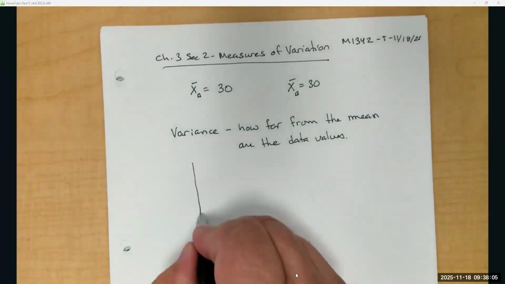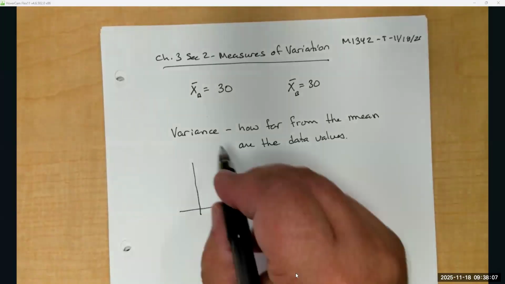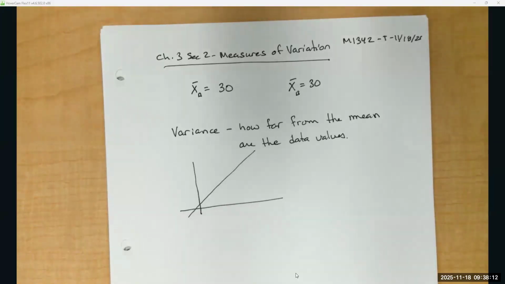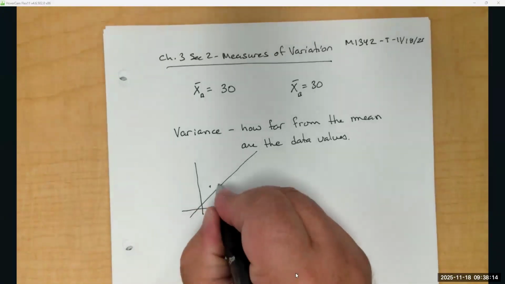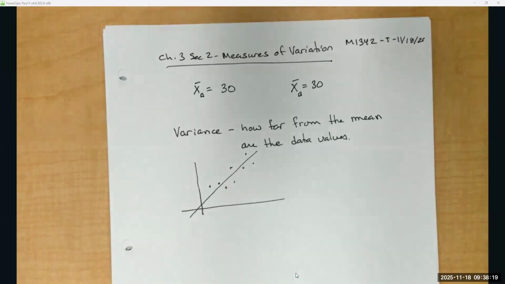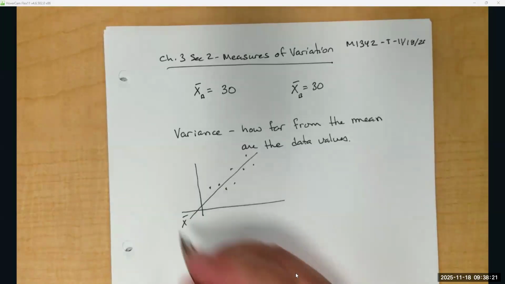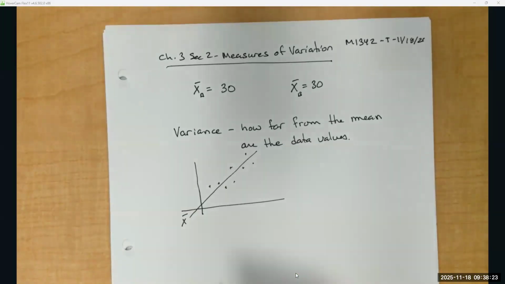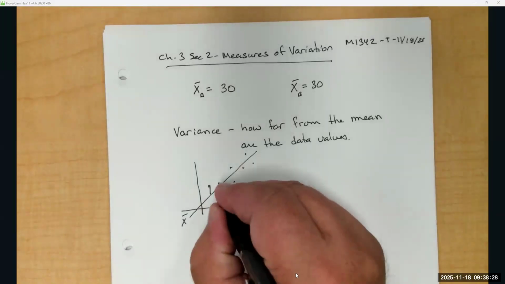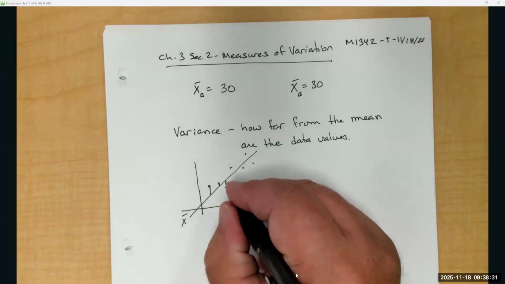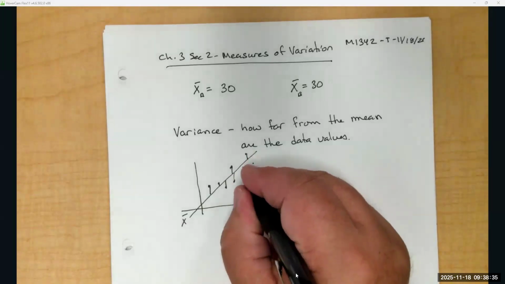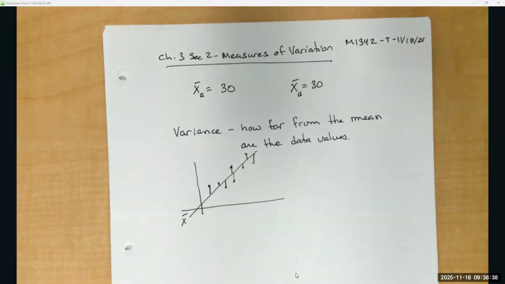Because if we looked at our data set, and we had an average of that, and our data points look like this, if this is our average, then how far each of these individual points are from that average have to equal.